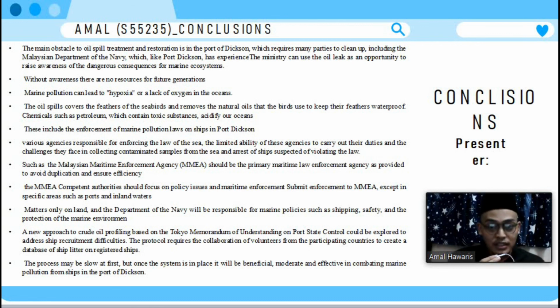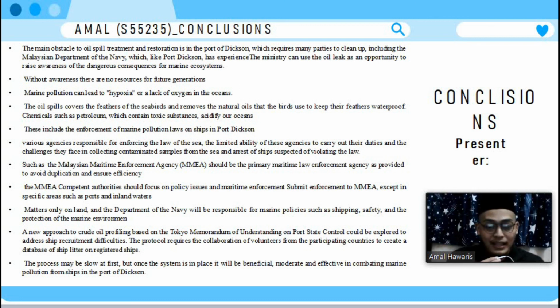The Malaysian Maritime Enforcement Agency (MMEA) should be the primary maritime law enforcement agency, to avoid duplication and ensure efficiency. The competent authorities should focus on policy issues and submit maritime enforcement to MMEA, except in specific areas such as port and inland waters.